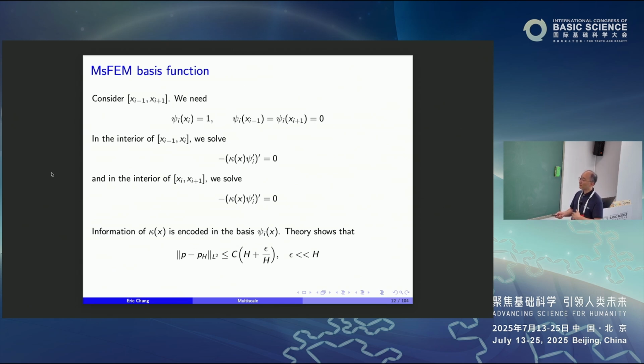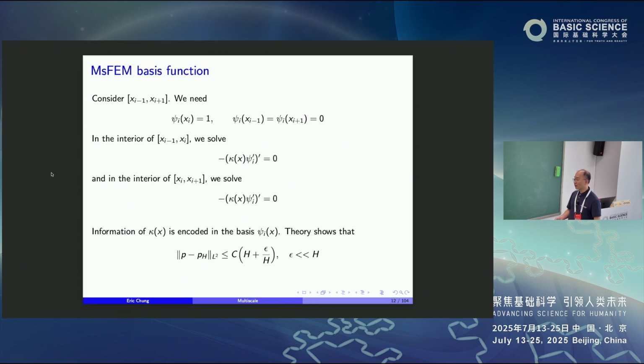But then within each subinterval, you find the basis by solving the original equation like this. For each of the two subintervals you do the same thing, and these three conditions are used as boundary conditions for the two local problems.